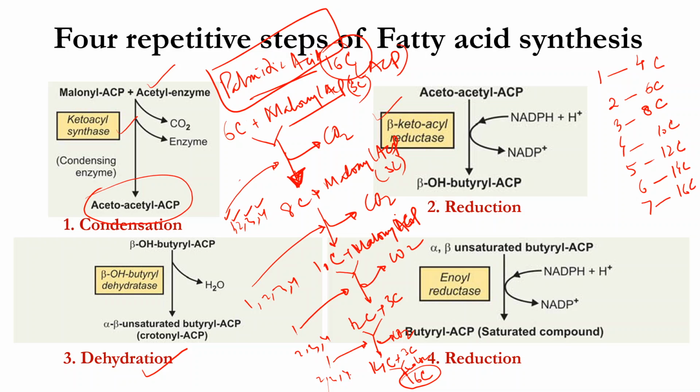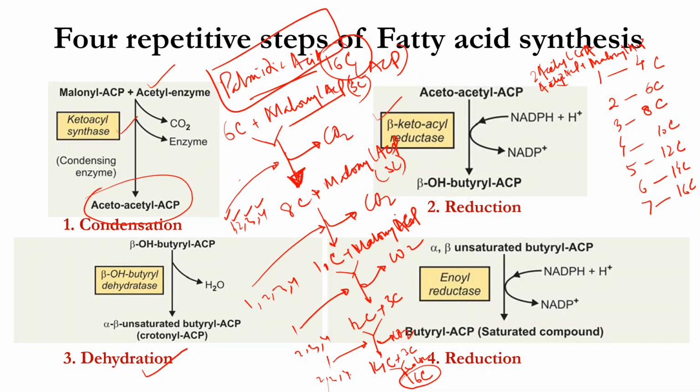Now we know that for the first, two acetyl CoA are utilized. One in the form of acetyl coenzyme A, which becomes acetyl ACP, and the other in the form of malonyl ACP after conversion by the acetyl CoA carboxylase.